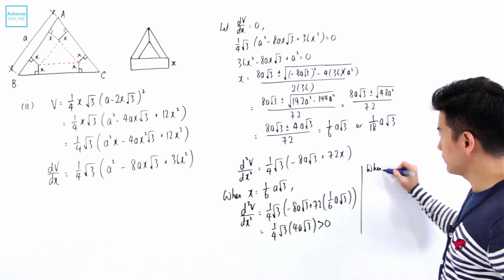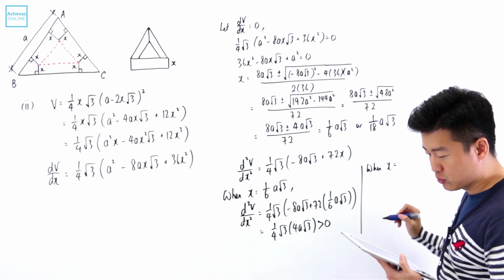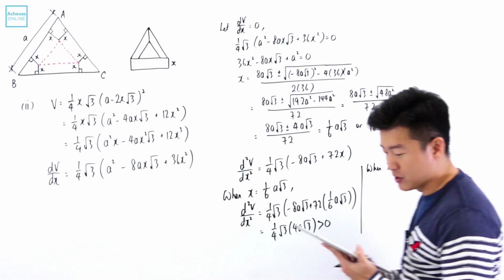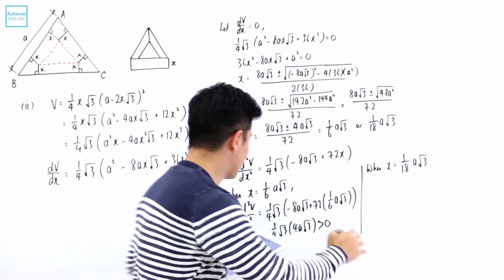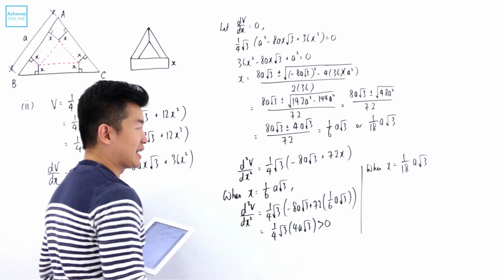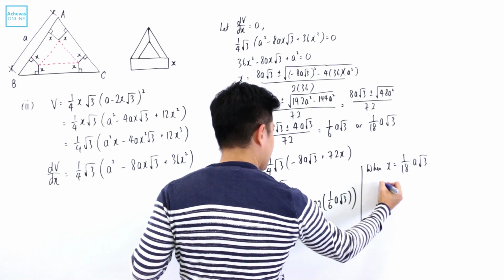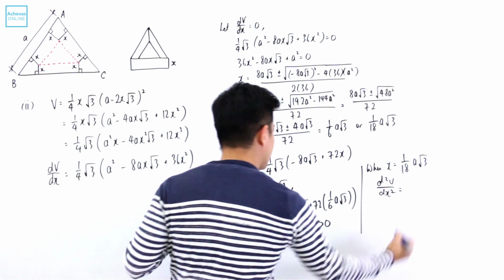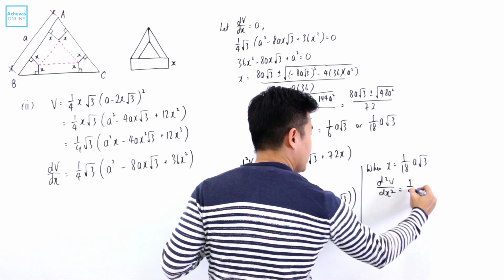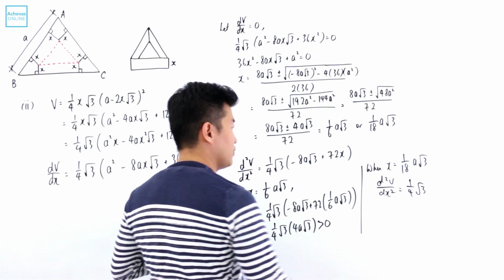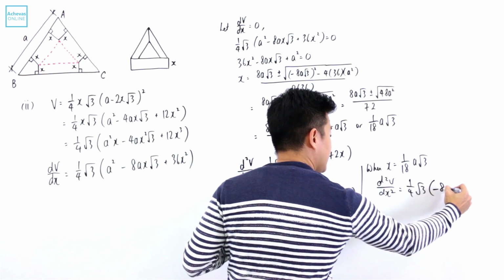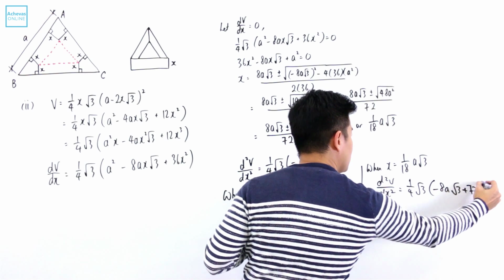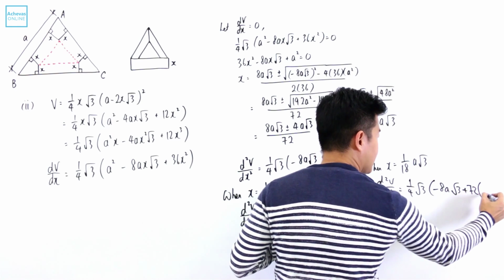The other value is when I sub x equal to 1 over 18a square root of 3. Substituting this value into d squared v over dx squared, I'm going to get 1 over 4 square root of 3 times minus 8a square root of 3 plus 72 of 1 over 18a square root of 3.